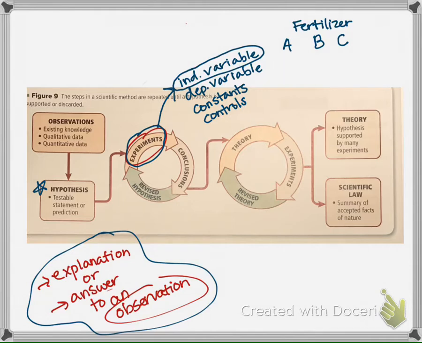The fertilizer is really what we're using to drive this experiment. We want to test to see which one is the best fertilizer. Now, the dependent variable is going to be the change or effects based on the independent variable.